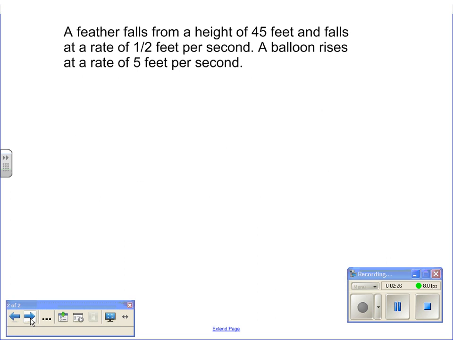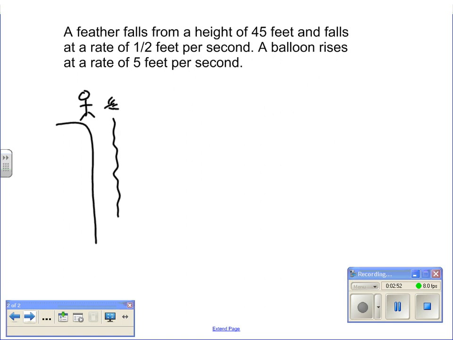So we've had plenty of fun with these problems, right? So a feather falls from a height of 45 feet, all right? So let's think about this maybe. You have a cliff, a little person up here, and he drops a feather. So that's supposed to be a feather, okay? And it is falling.